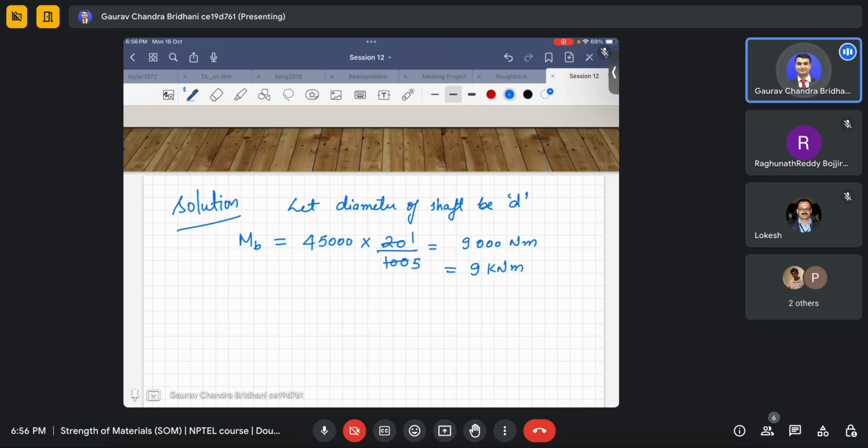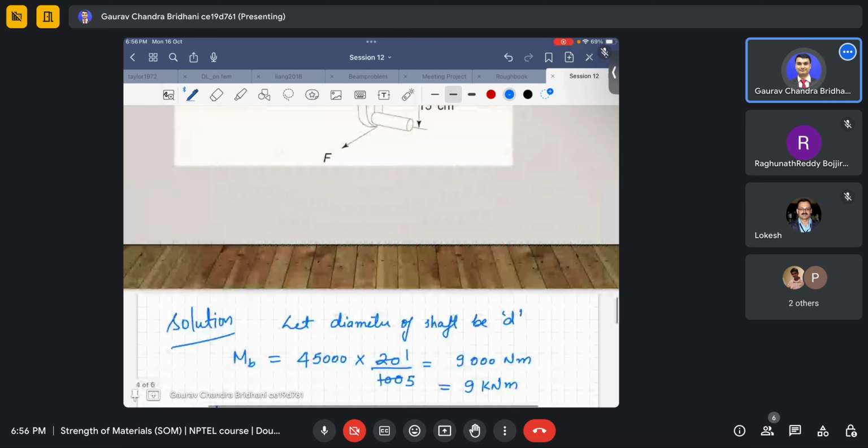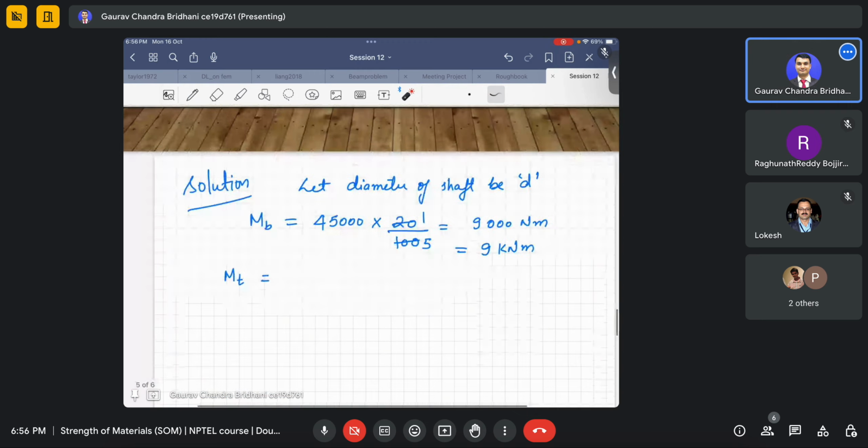This is MB, my bending. Now I will find the torque, how much twisting is happening. You can see due to this force, twisting will happen about the center of the shaft. What is the distance between the center of the shaft and the point of application of the load? It is 15 centimeter. So we can find how much is the torque generated, or twisting moment.